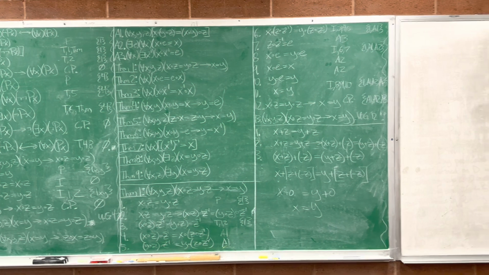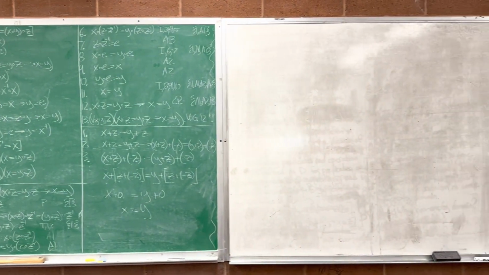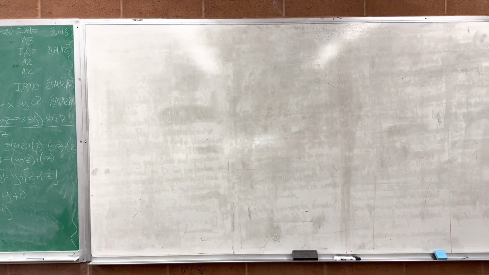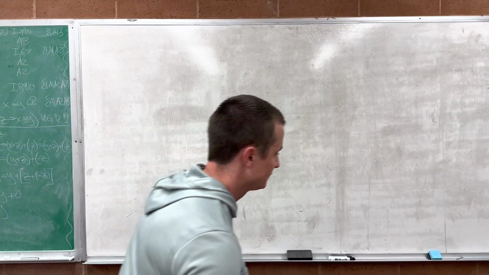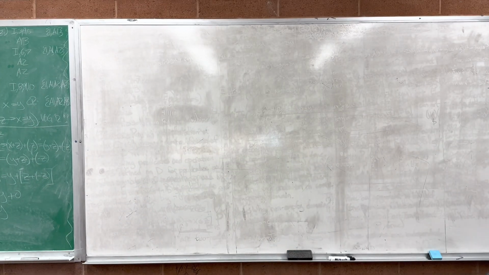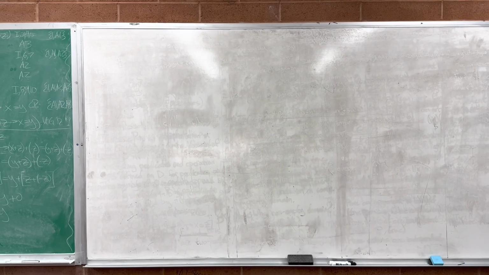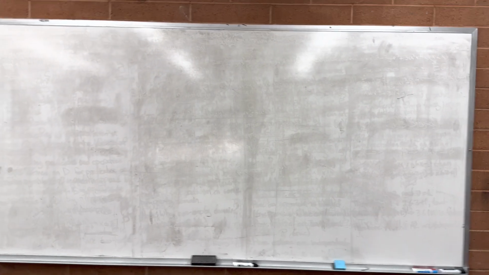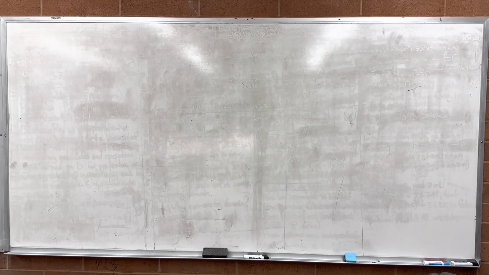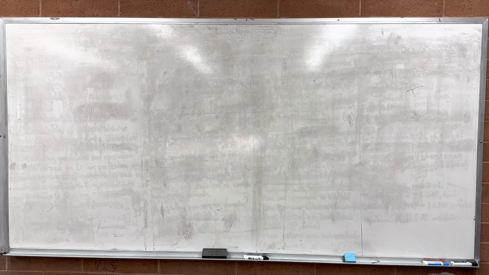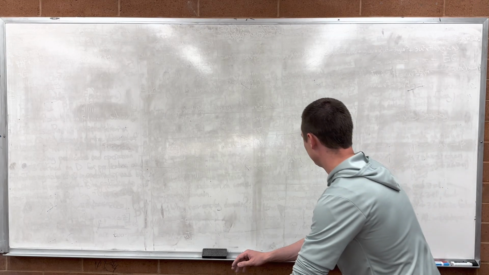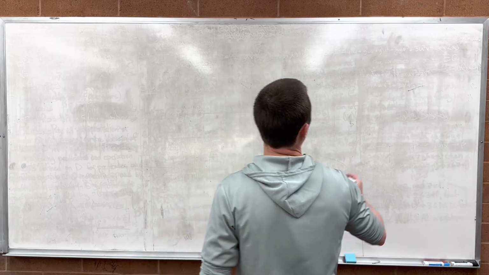Oh shoot, that means we won't be able to see the axioms. Move the camera. And maybe I'll just scribble the axioms in the top right hand corner here so that we can see them.